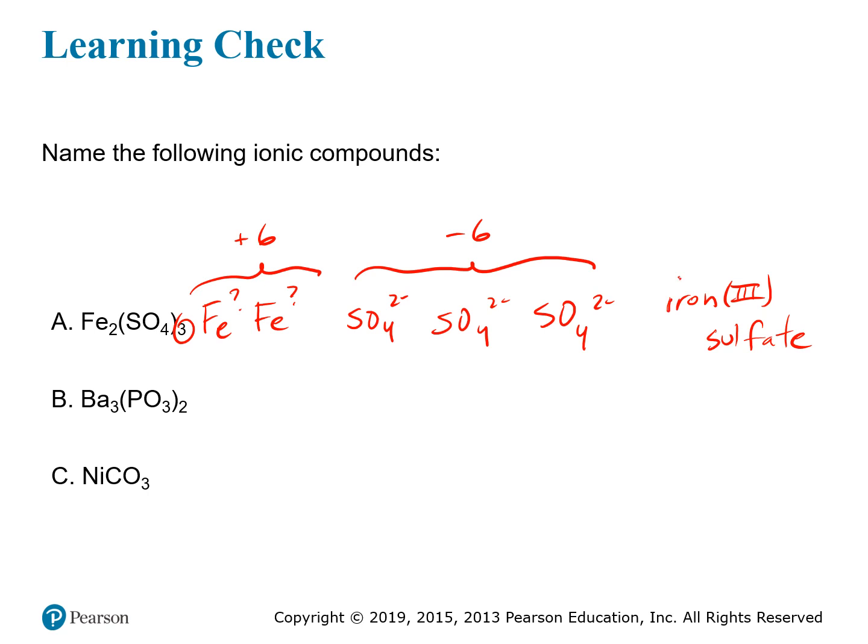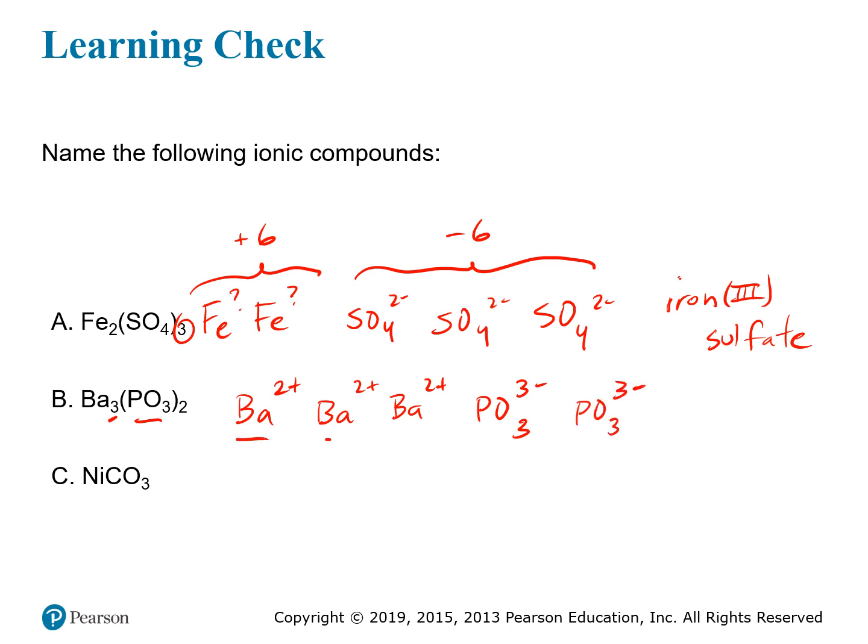In B, we have Ba3(PO3)2. Okay? Ba is barium, and barium is always 2+. We have 3 bariums, so I'm just going to write 3 barium ions, just to make this explicit. It's not even really necessary, because you should know that PO3 is the phosphite ion with a -3 charge, and we have 2 of those, so PO3 3-.